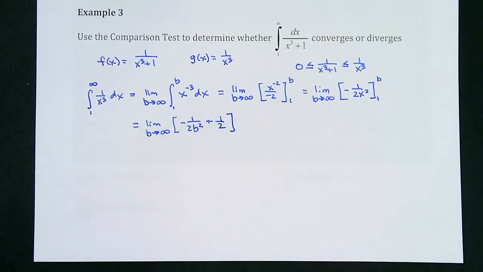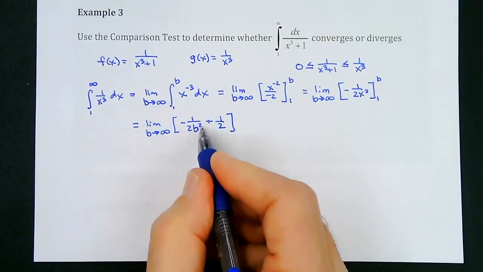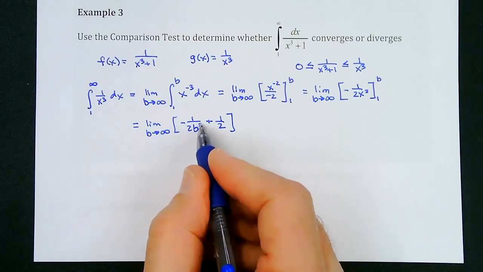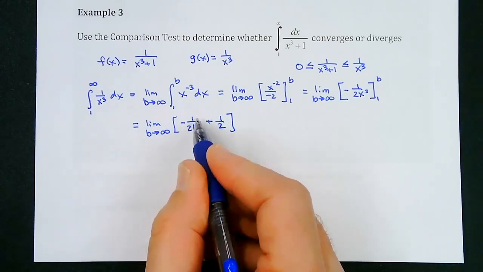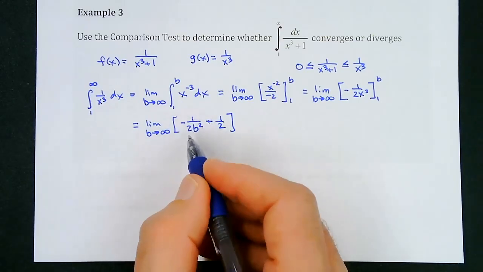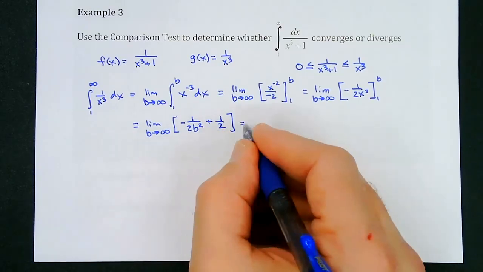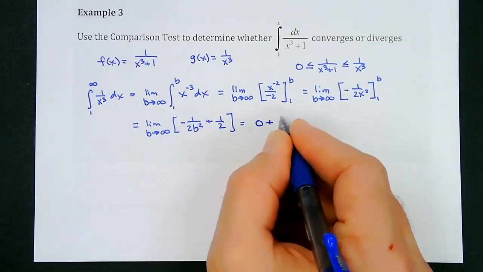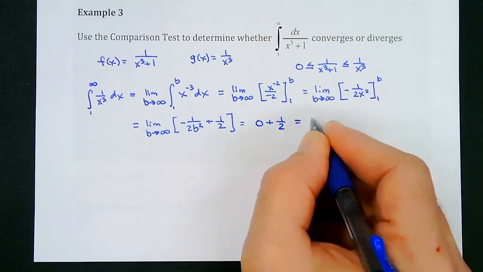What happens when b goes to infinity? Because I'm squaring it and multiplying by 2, this is going to become really, really big, so this fraction gets closer and closer to 0. So this becomes 0 plus 1/2, or 1/2.